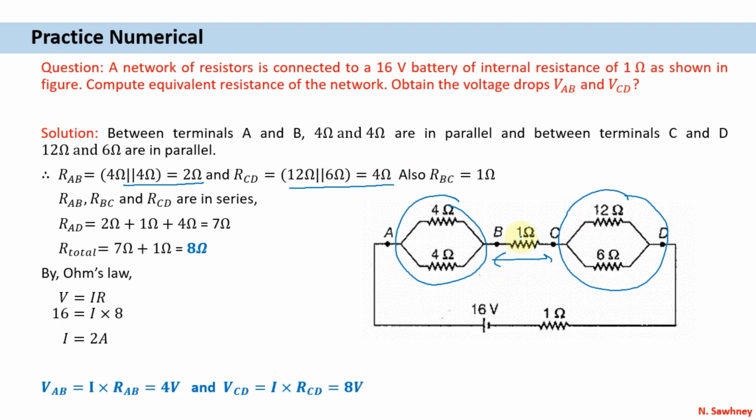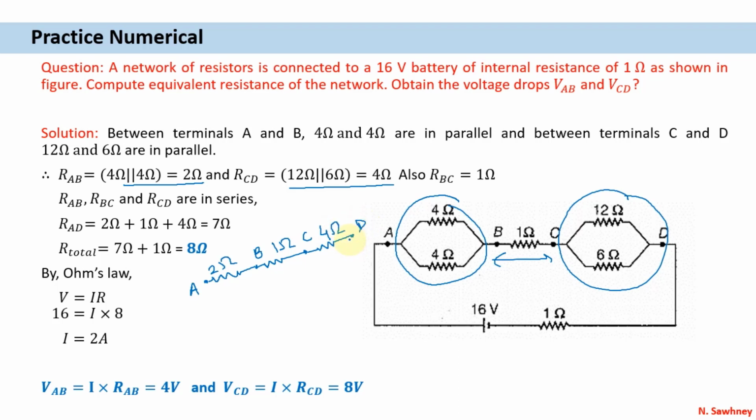Now the resultant of this network will be that from terminal A there will be 1 resistance having value 2 ohm. From terminal B there will be 1 resistance of given value 1 ohm. From terminal C there will be 1 resistance again of value 4 ohm as calculated above.